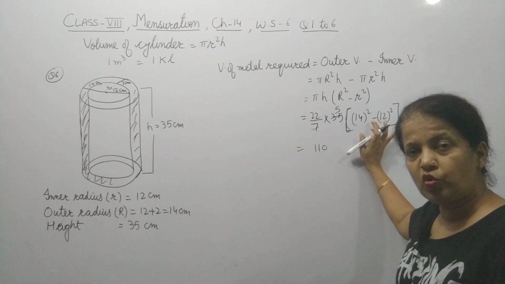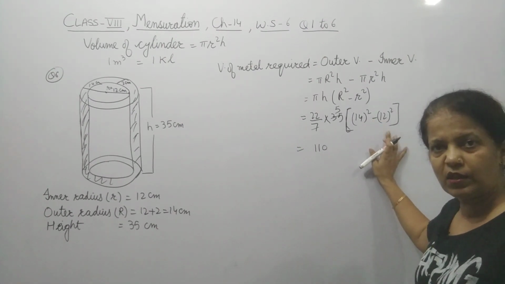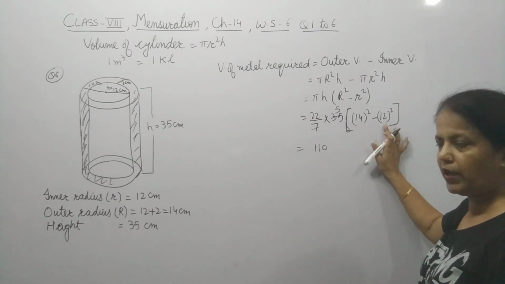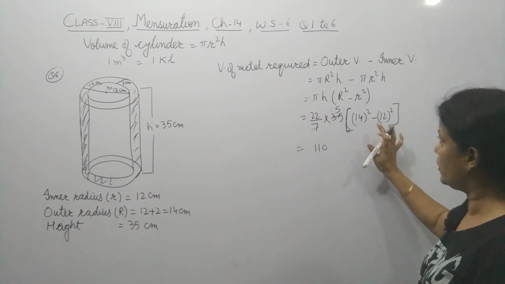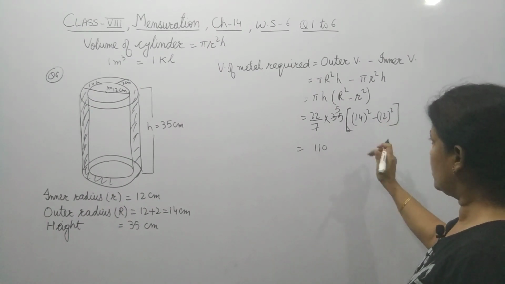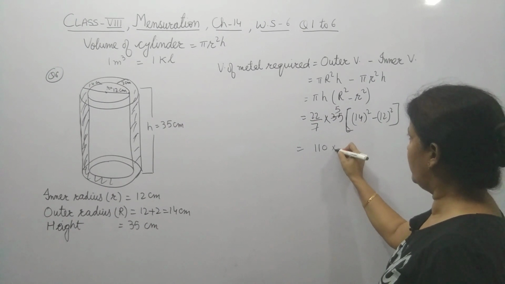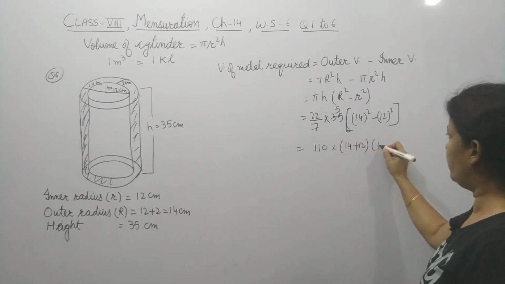Now there are two ways to solve this one. Either you can use the algebraic identity, a square minus b square, or you can solve this one separately and this one separately and then subtract it. It's on you. So a square minus b square means a plus b into a minus b.